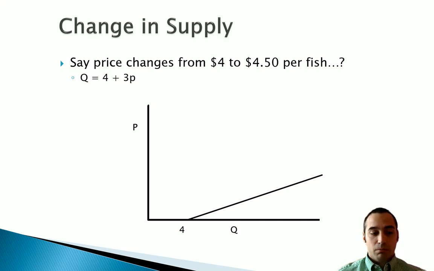For instance, take a moment and think about how we might graph changes in quantity supplied if we were to change the price from $4 to $4.50 per fish. At the price of $4, you'll see that denotes a unique quantity supplied. And if the price increases to $4.50, the quantity supplied will have increased.